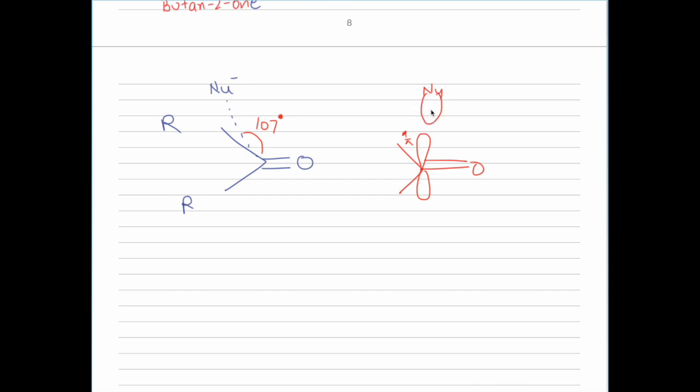Yes, it can happen, because at 90 degrees we will see more overlap. But in this situation, the lone pair of oxygen can repel the nucleophile more. That's why the nucleophile shifts toward this side, and an angle of about 105 degrees takes place. So this is just an experimental value which I wanted to share.